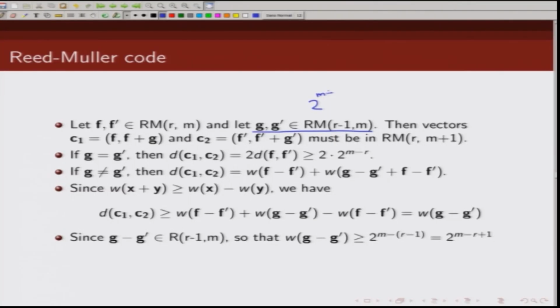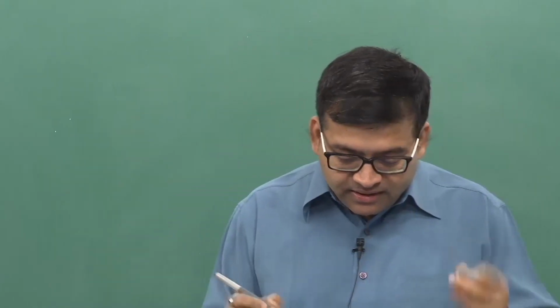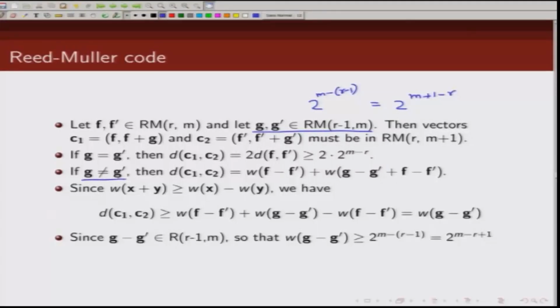What is r? The order here is r minus 1, so this is 2 raised to power m plus 1 minus r. So, what we have shown is that even when g is not the same as g hat, our minimum distance is still 2 raised to power m minus r plus 1.